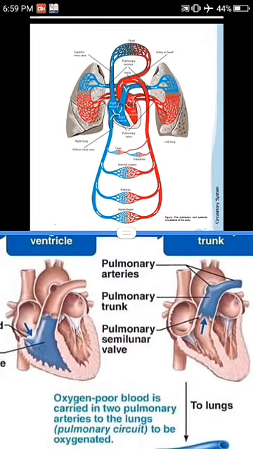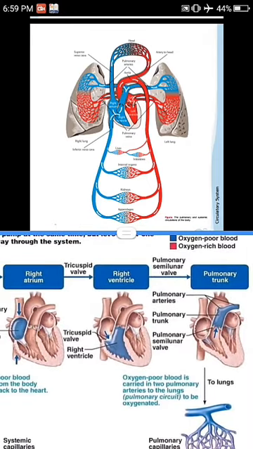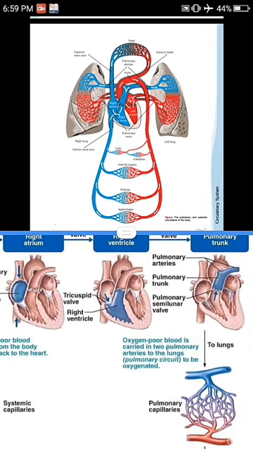Therefore, the blood which travels down to the lungs, the poorly oxygenated blood, is carried by the two pulmonary arteries to the lungs to be oxygenated.